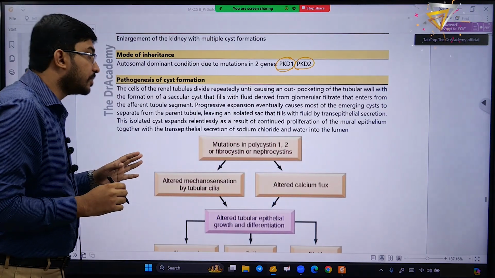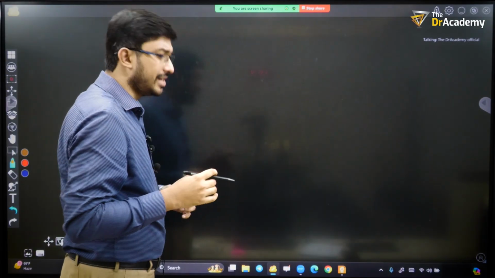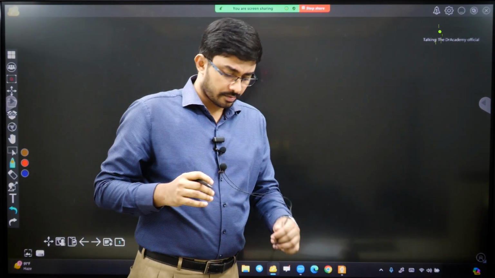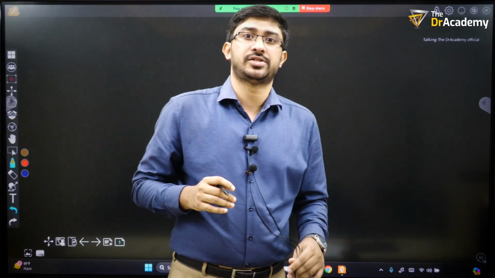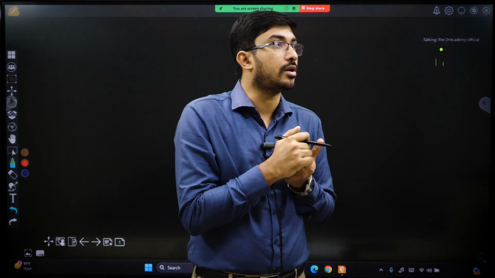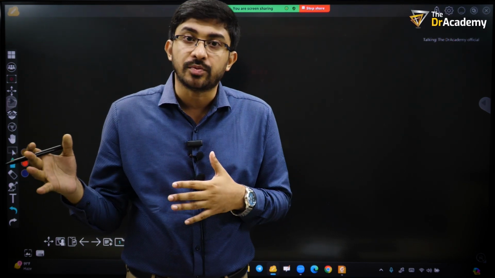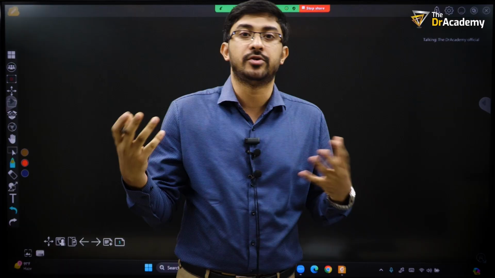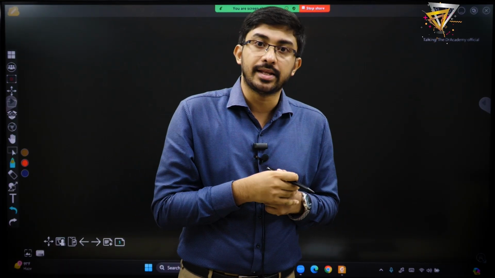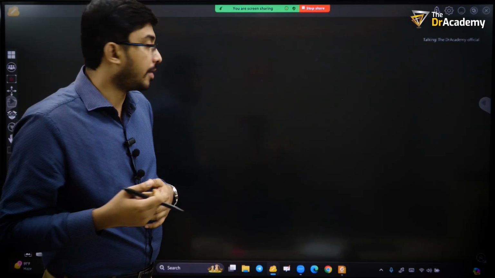So pathogenesis of the cyst formation, look, what happens actually, we know the nephrons are the basic structural unit of kidney, right? Nephrons are basic structural unit of kidney where they are composed of either glomerulus and some renal tubules, proximal tubule, distal tubule, and all the tubular epithelial cell goes wear and tear in a regular period basis.